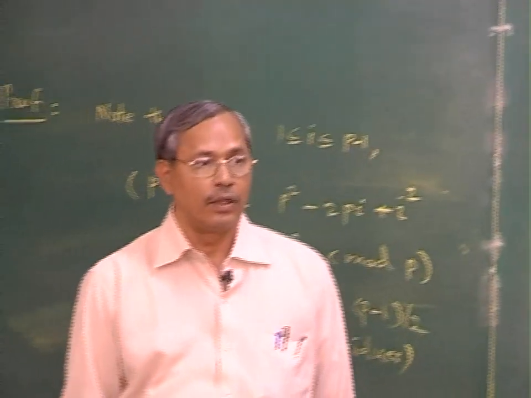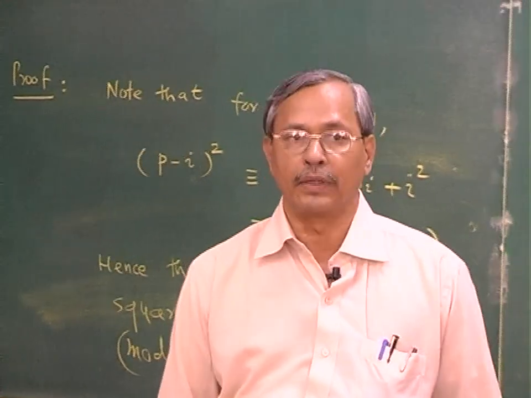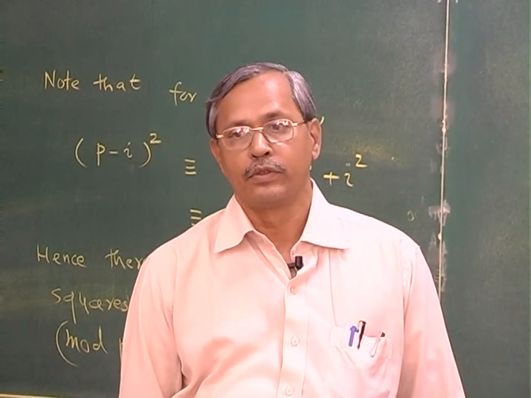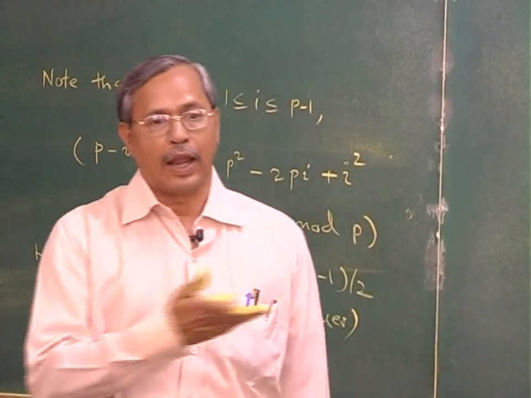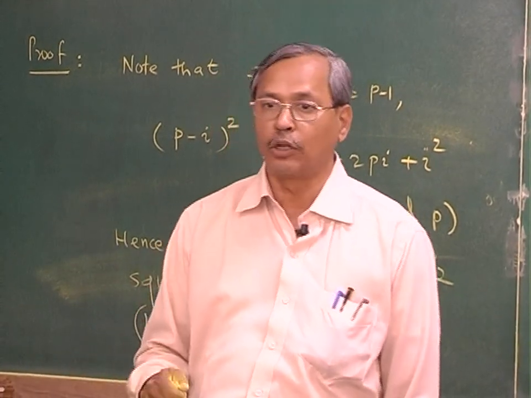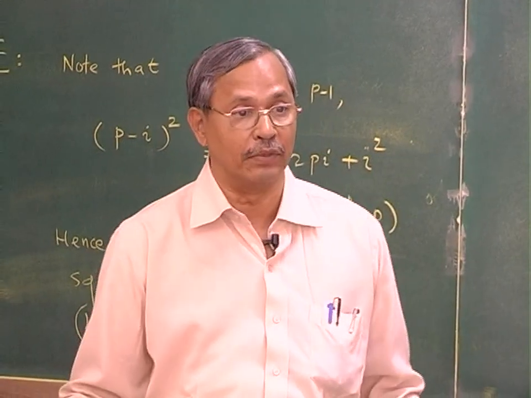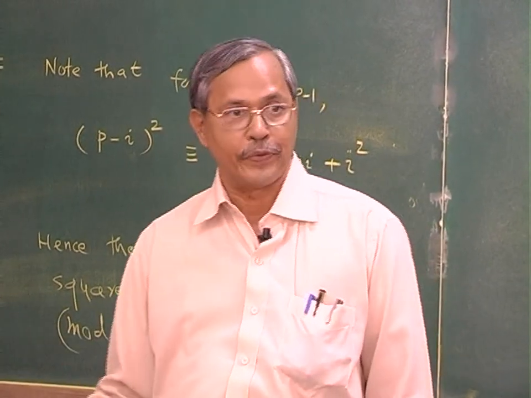But if p is very large, then this is not a good way. Suppose p is a 50-digit number. If it is such a large prime, then you have to take the (p minus 1) by 2 numbers, take the squares of these numbers and see whether your number is one of these. That will take a lot of time.